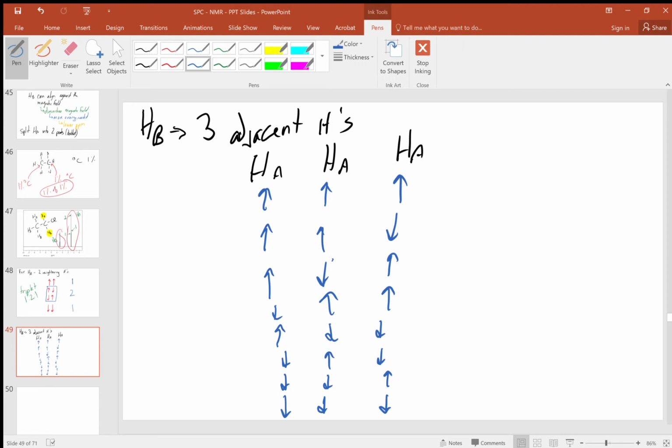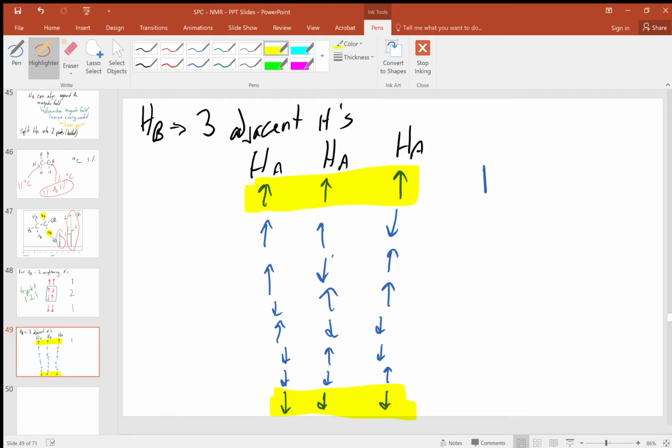Now, which ones can we combine? Well, the first one where all 3 are with, there's only one way to do that. Same thing with this bottom method. There's also only one way to have all 3 against.